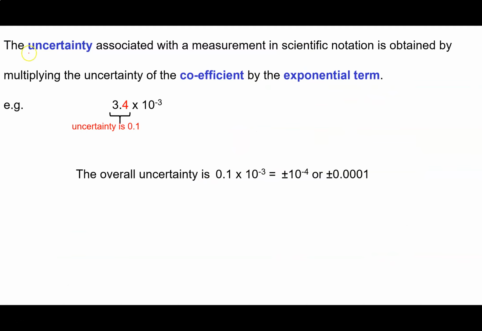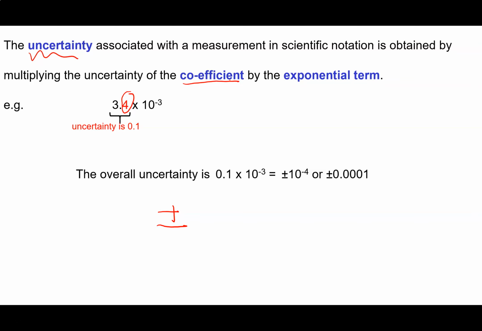Okay, one of the things that can be awkward to estimate when you're looking at a number written in scientific notation is what we call the uncertainty. That is like, how well do we know the number? And how well we know the number can be expressed using this concept of plus or minus notation. And the uncertainty in a number that is written in scientific notation is just plus or minus 1 in the last digit of the coefficient.